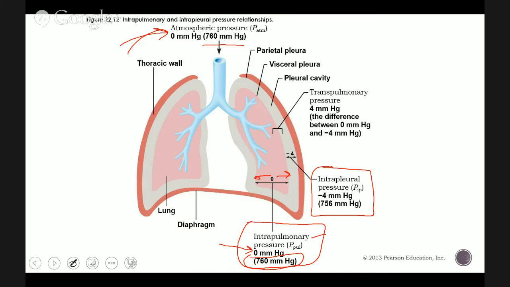Yeah, the cavity. The parietal layer lines the cavity. That's the parietal pleura. Then we have the other layer, which is the visceral layer, which lines the organ itself. Okay? So hopefully that comes back to you.